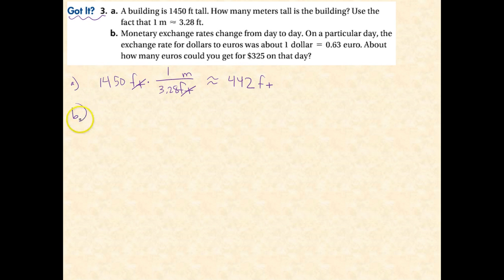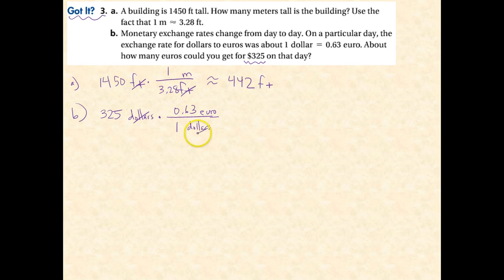All right, B. We're starting with $325. So 325, you can write it like this if you want, dollars, times, we want to get our conversion rate with dollars on the bottom. $1 is equal to 0.63 euros.